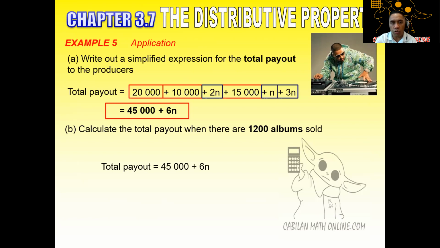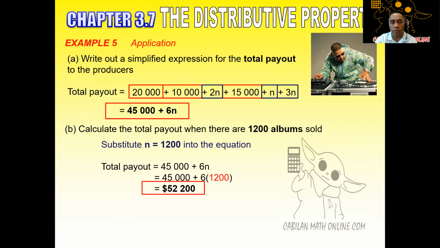So what we have to do for this question is take the 1,200 and substitute it in for the N. Then from here, we can simplify that by putting it in our calculator, and that gives us a total of $52,200. So you can see how we can take a word problem, come up with a simplified expression, and use that simplified expression to come up with answers to certain questions depending on what the value of a variable is.